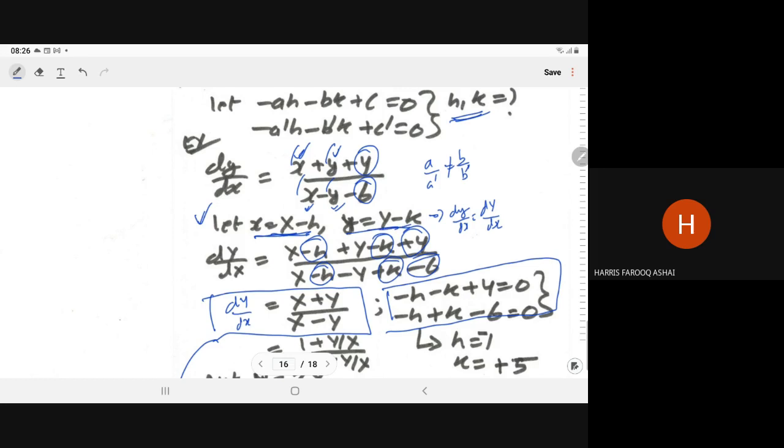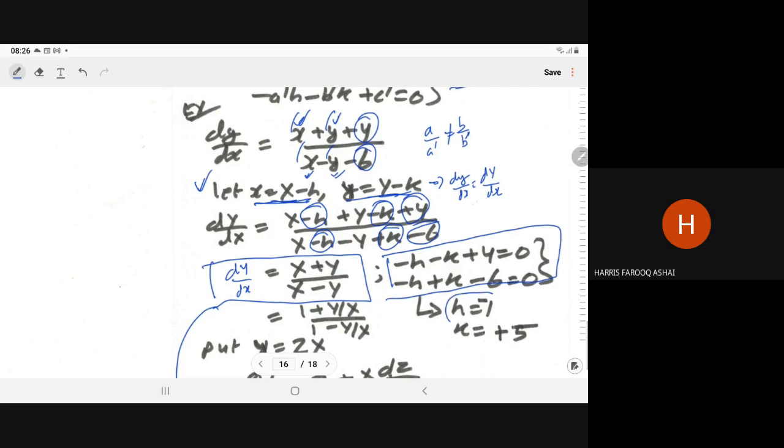The original question is in terms of the variables small x, small y, right? Presently we have the solution in terms of capital X, capital Y. Here we have computed h is equal to minus 1, k is equal to 5. So in this place you just put h is equal to minus 1 and k is equal to plus 5.